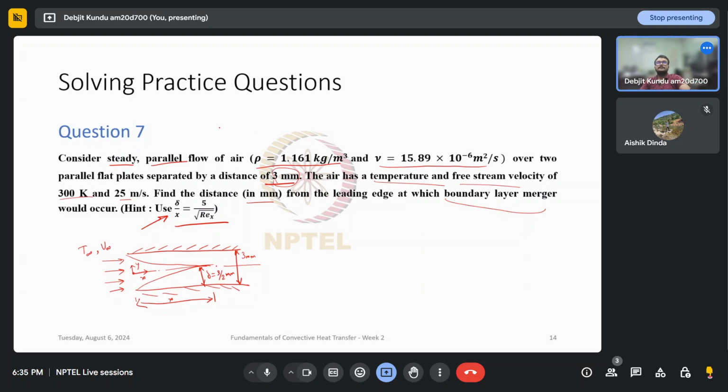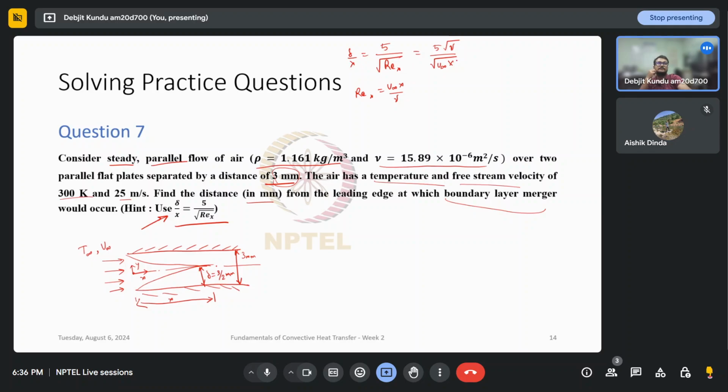So basically, let's start with this equation. Delta over x is equal to 5 over square root of Reynolds number of x. And Reynolds number of x is given by u infinity x over nu. Sorry, I'll just write this nu in a better way. So 5 over u infinity into x, and the nu I am shifting to the numerator side.